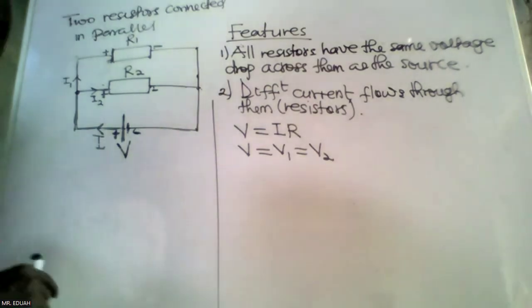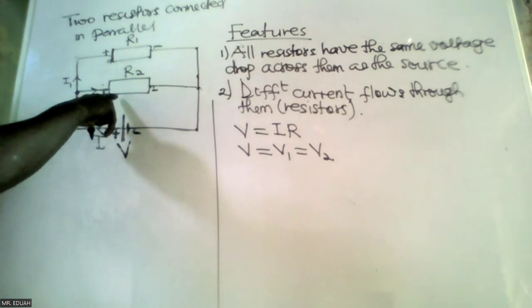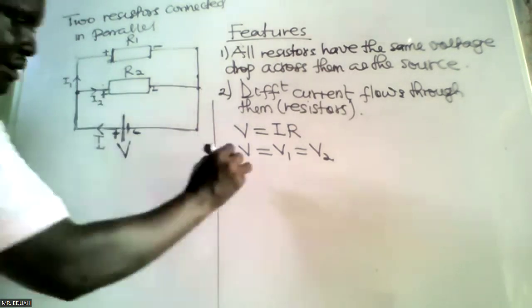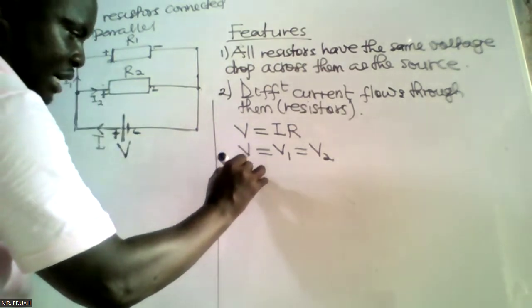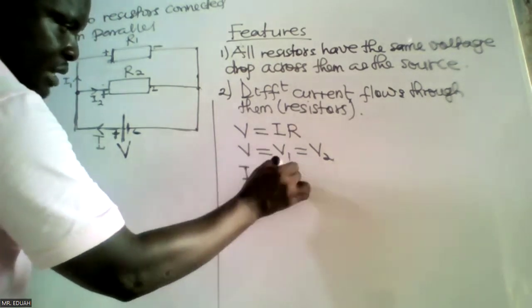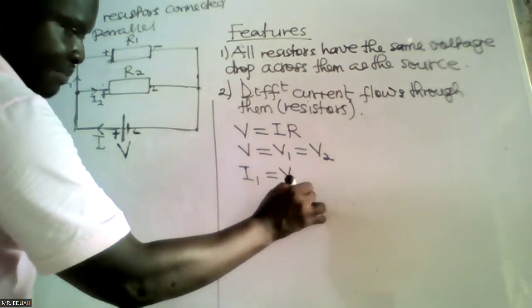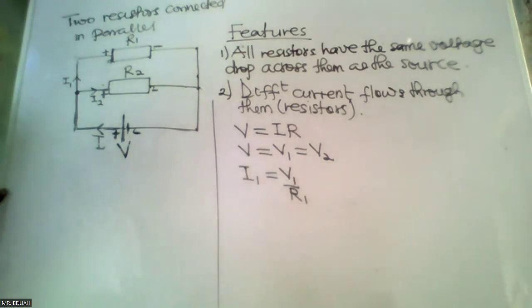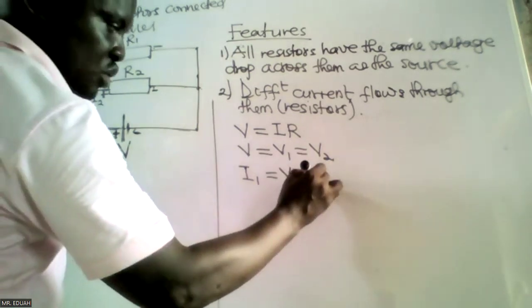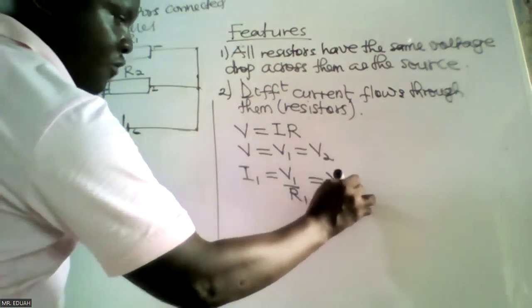But what varies is the current. So if I'm looking for the current coming into R1, I1 would be equal to V1 over R1. V1 is equal to the source voltage V. So I1 will be equal to V over R1.